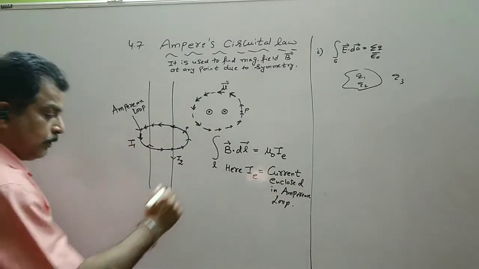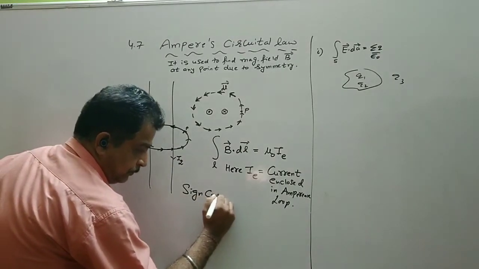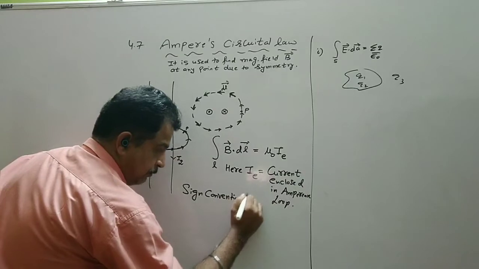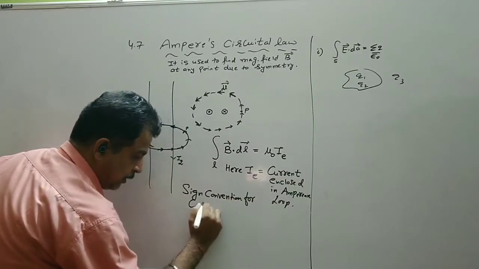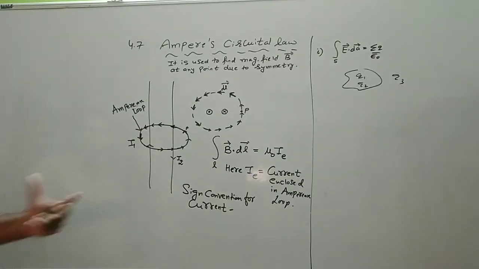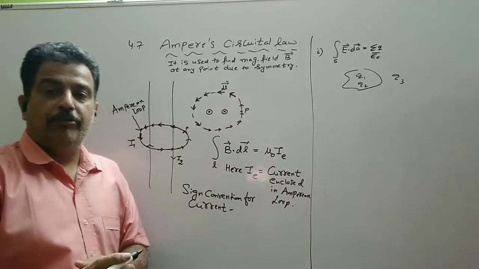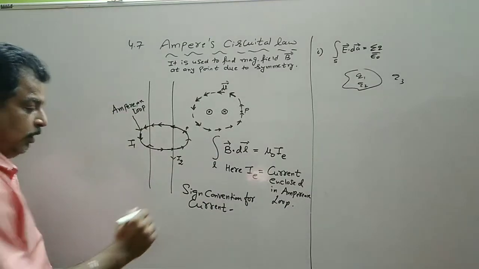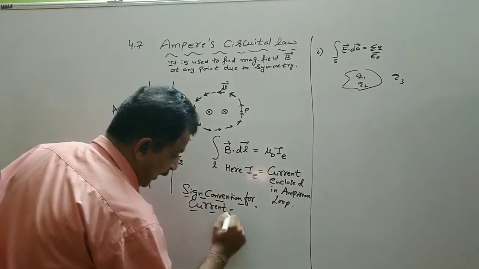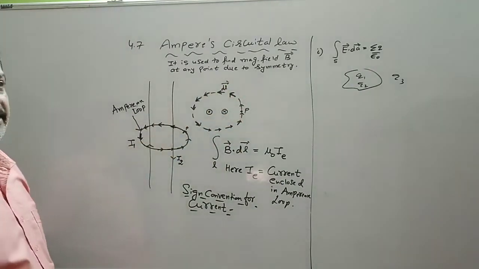So, sign convention for current. So what is the sign convention? We curl the fingers of the right hand in the direction of the line element.